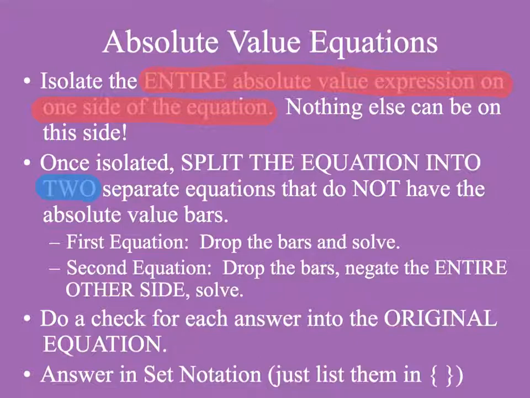The second equation, this one's a little bit different. You drop the absolute value bars on the one side, and on the other, you are going to negate the other side. Now, all we mean by negate is to change the sign.